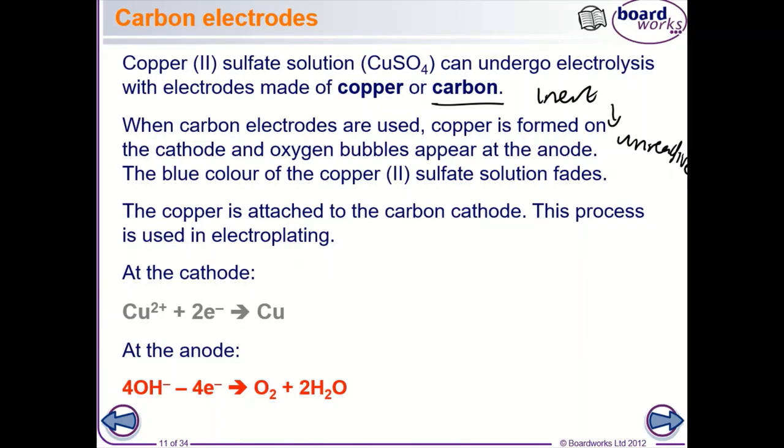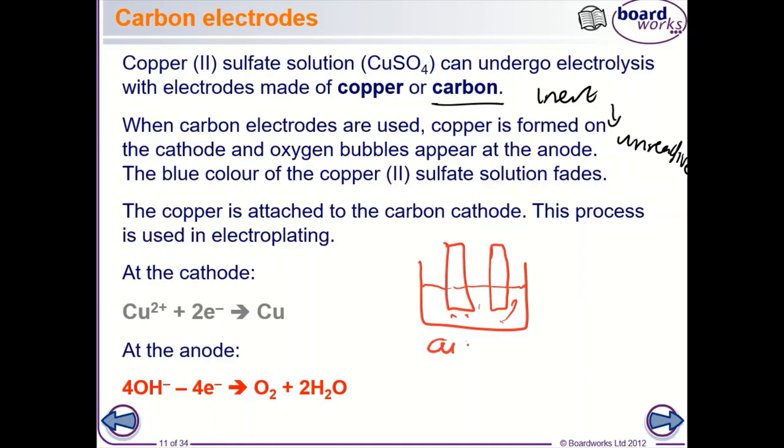But let's look at this form of electrolysis in which the electrode is carbon. No home advantage for copper. If you have a container containing the solution of copper sulfate, and we have our electrodes deep into this, you have copper sulfate there.